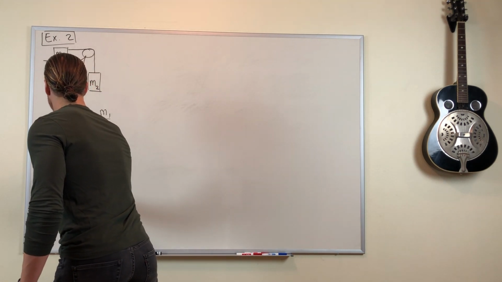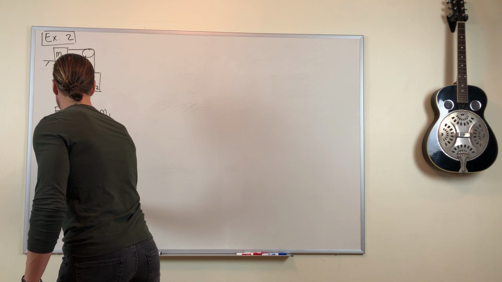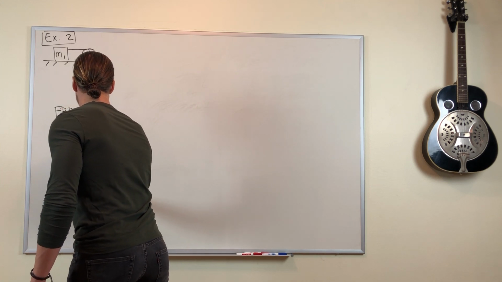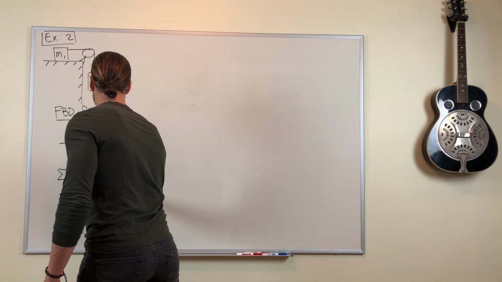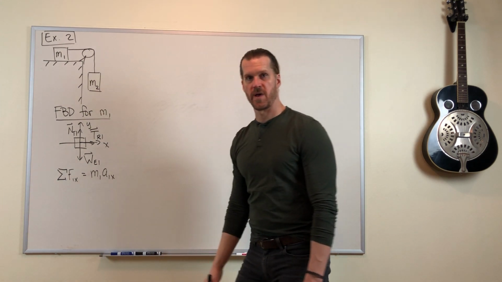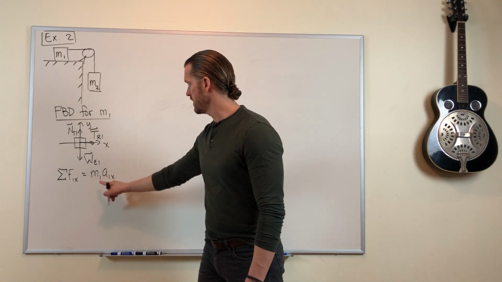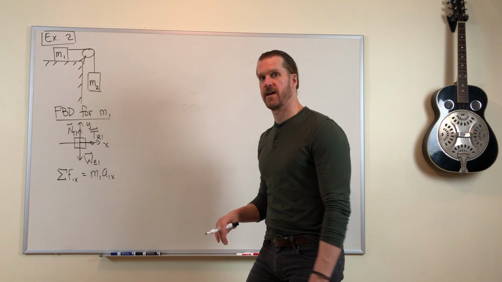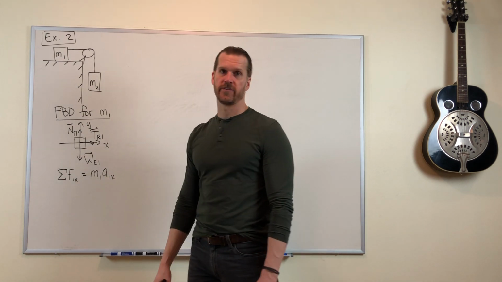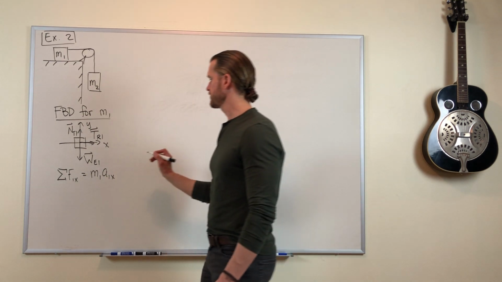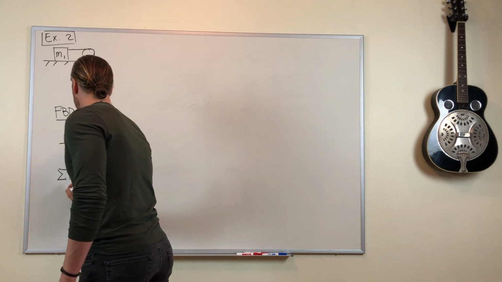So the Newton's second law equation in x for mass 1 says that the sum of the forces on mass 1 equals m1 times a1x. I'm being careful to give these the proper labels. And there's only one force in the x direction.